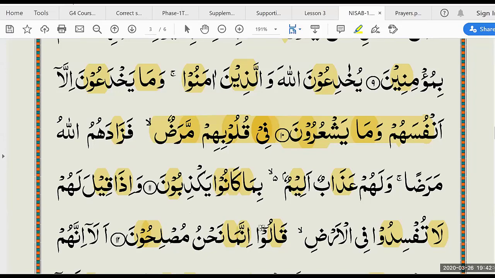What do you call this, which is on top of wa? Mad. What sign is this? Mad. There are two types of mad: mad sagir and mad kabir. So which one is it?